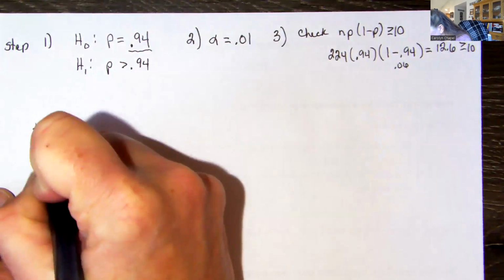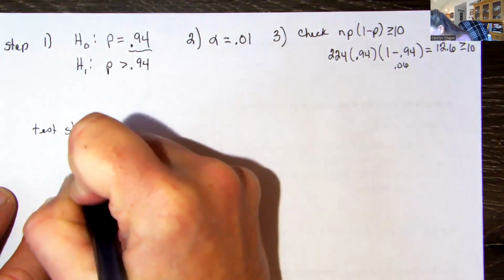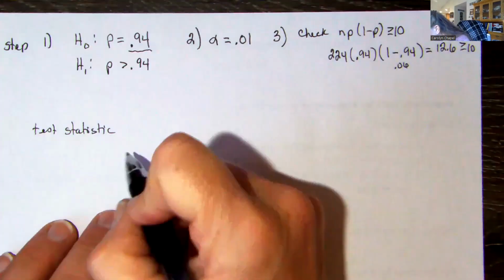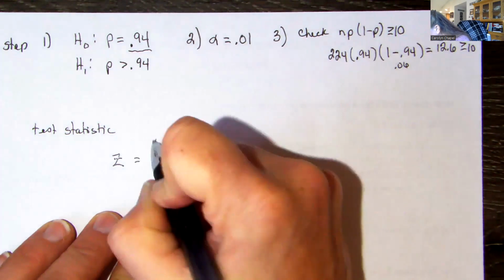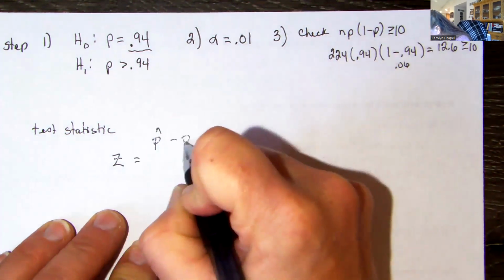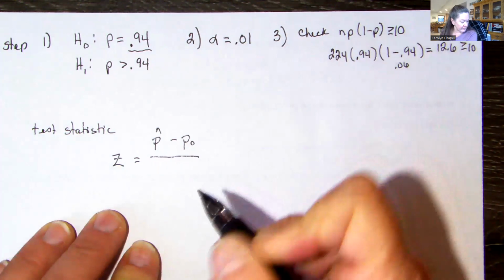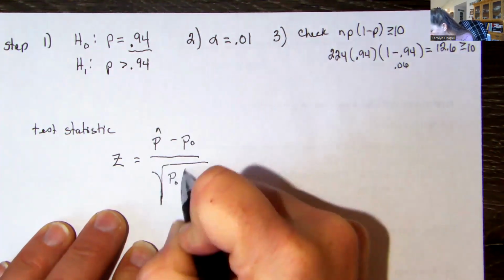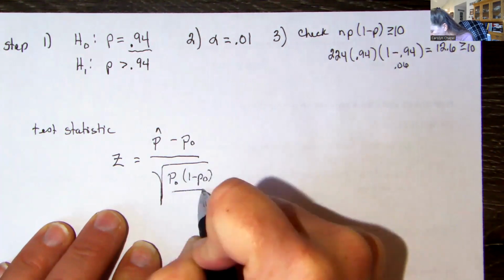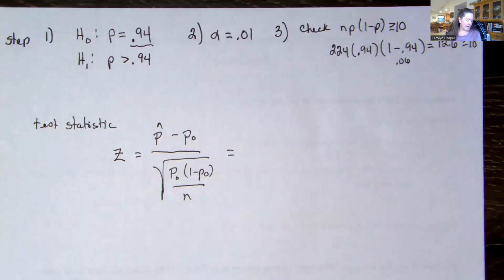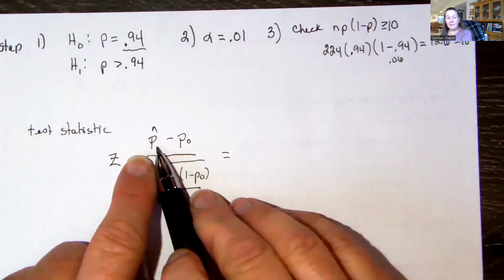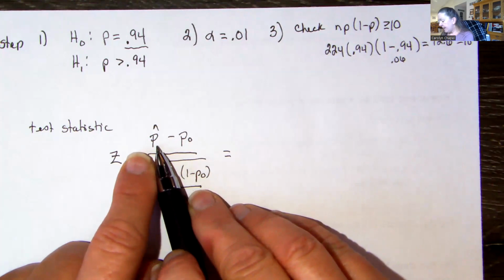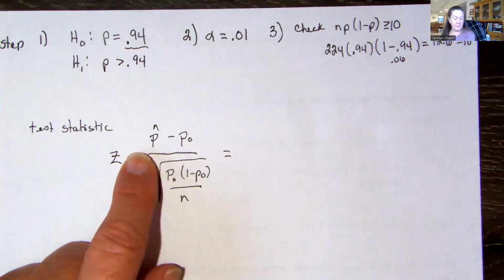Our test statistic, sometimes called the test value, is going through our formula. So we're taking that p-hat minus our p0 all over the square root of p0 times 1 minus p0 over n. Now, our p-hat is the value that we got from the actual sample.